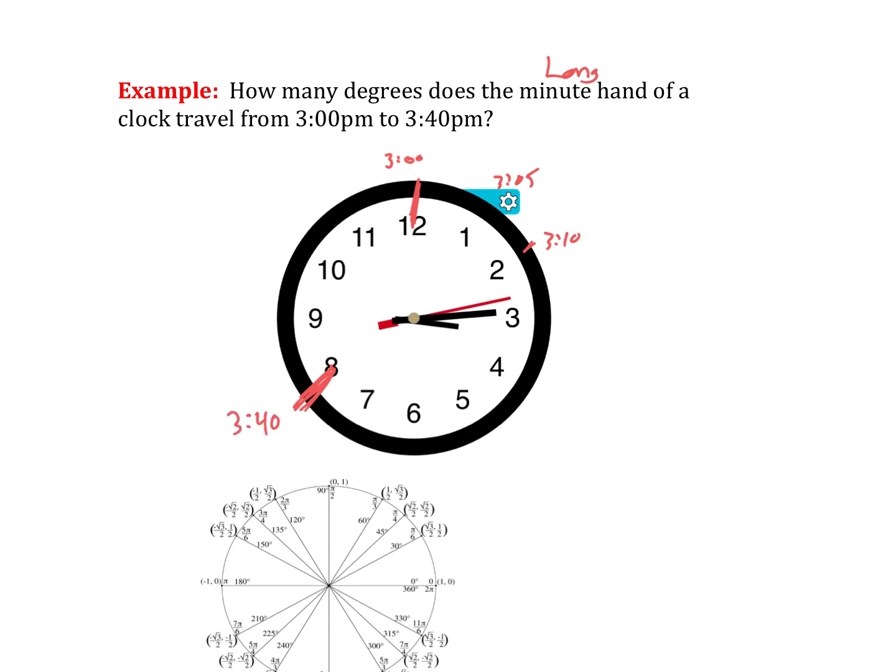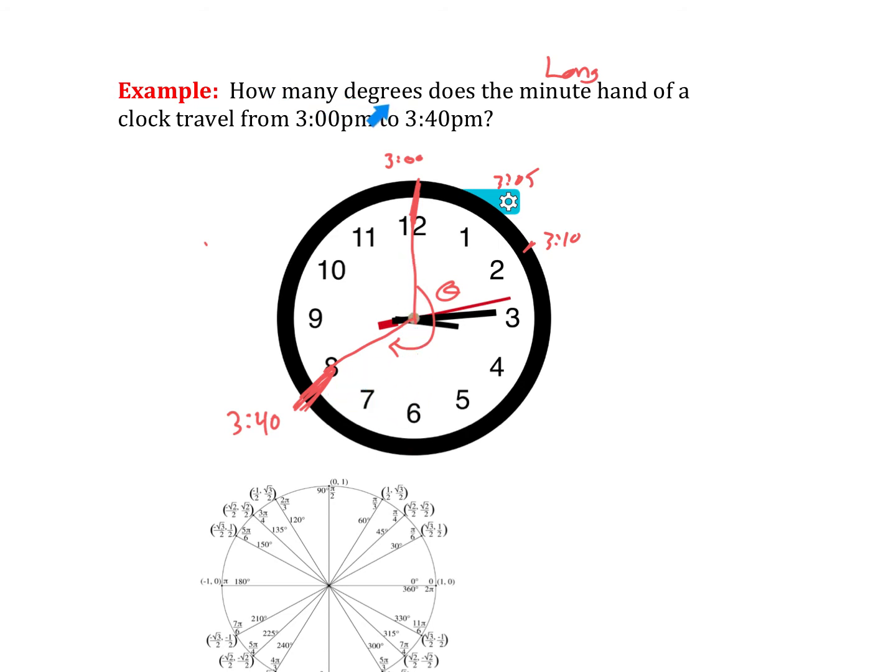Now, there are a few ways to think of this. What I need to know is, let me draw in some angles here. What is this angle measure there? I know that it's gone past the halfway mark, so it's going to be more than 180. But I need to know, what is the total theta?